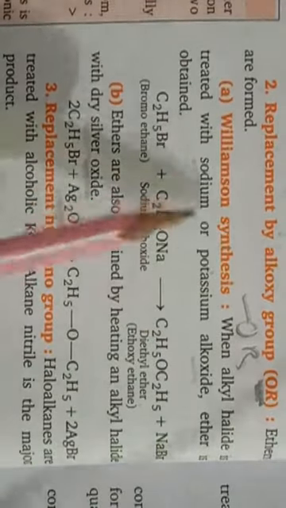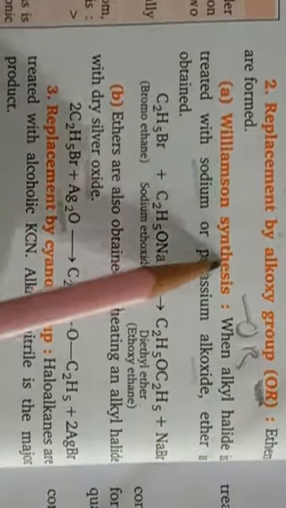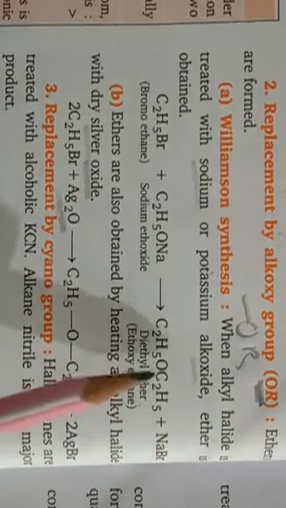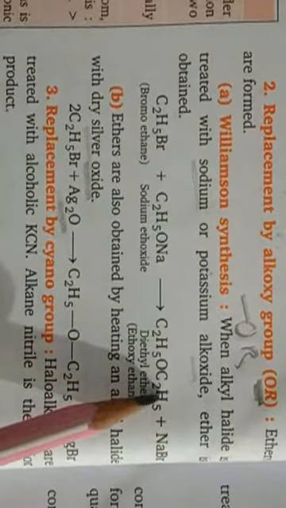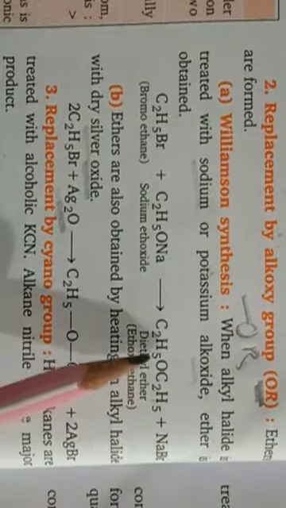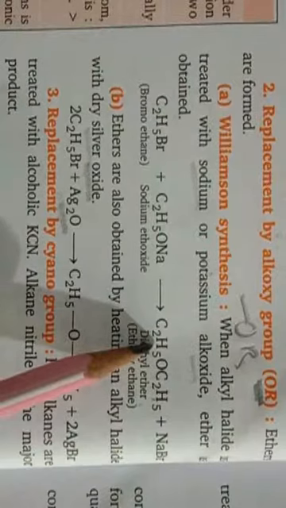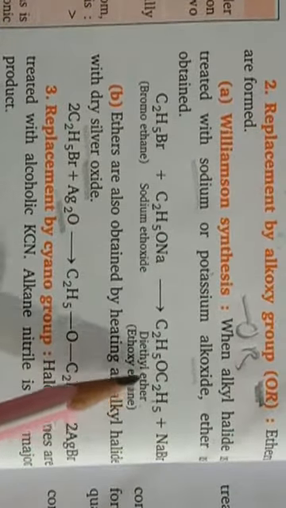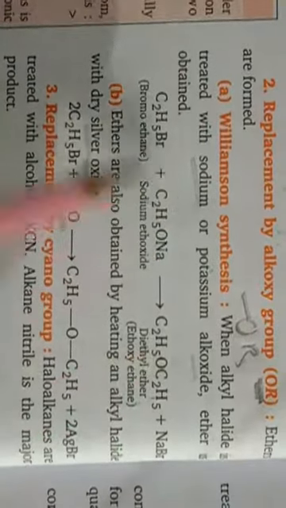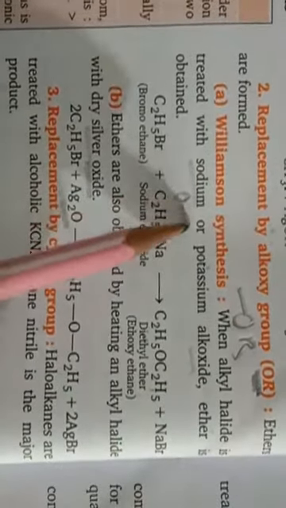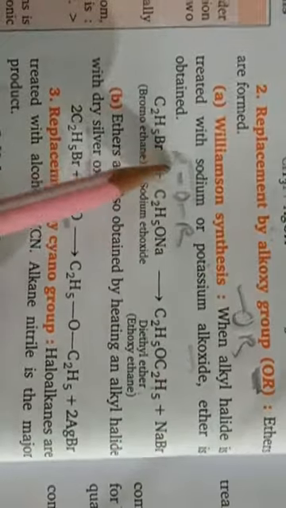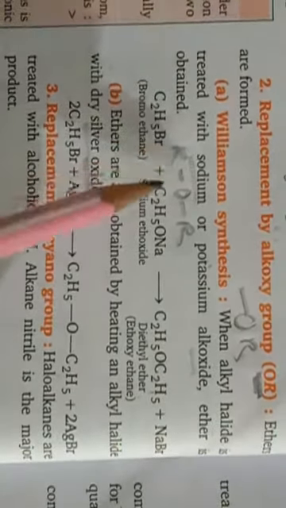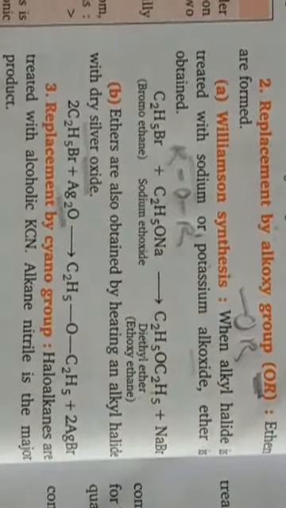Under the first reaction, Williamson synthesis, we can form both symmetrical and unsymmetrical ethers, or you can say simple or mixed ether. Simple ethers are the ethers in which both the alkyl groups attached to oxygen are the same, and mixed ethers are the ethers in which these alkyl groups are different.